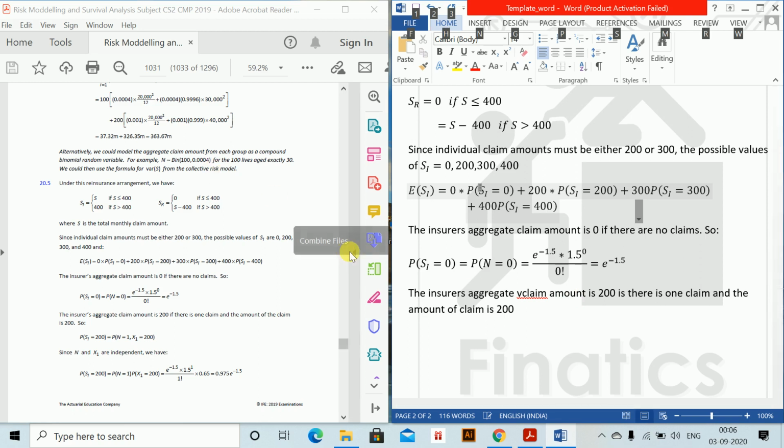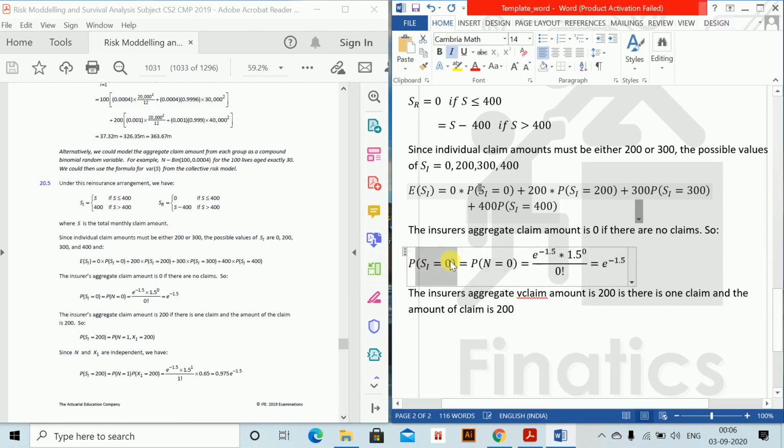So again, the probability of S_I equal to 200 is equal to the probability of N equals 1 and X1 is equal to 200.